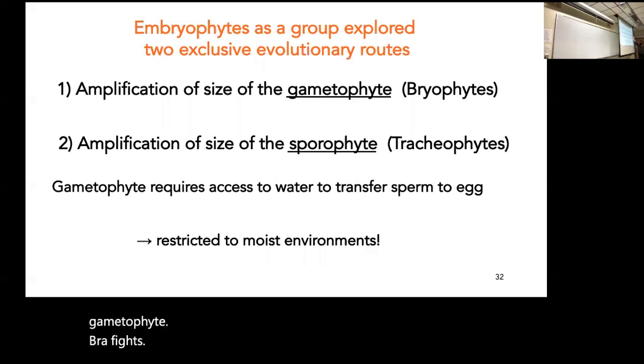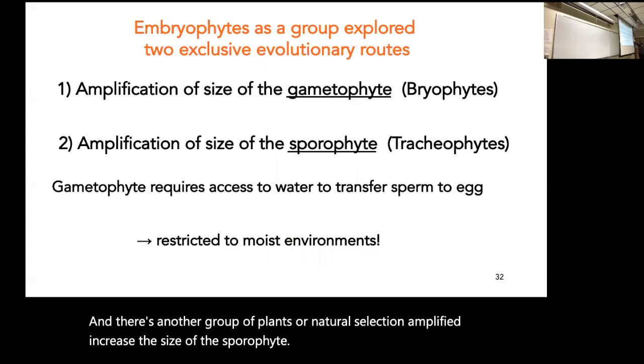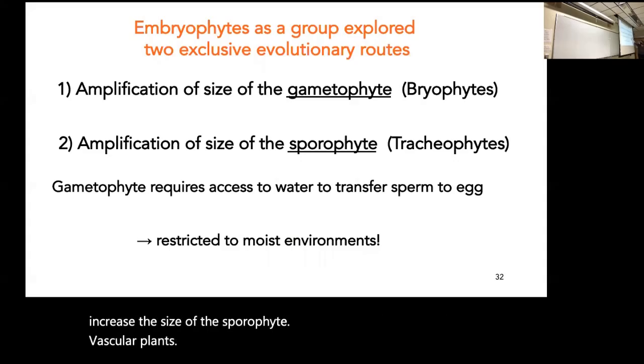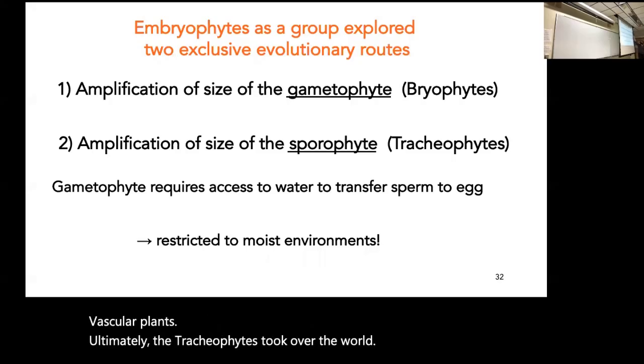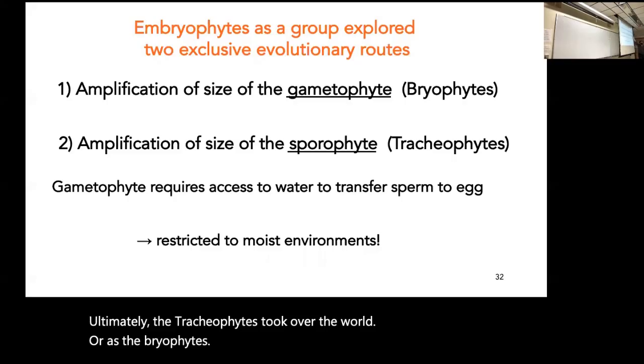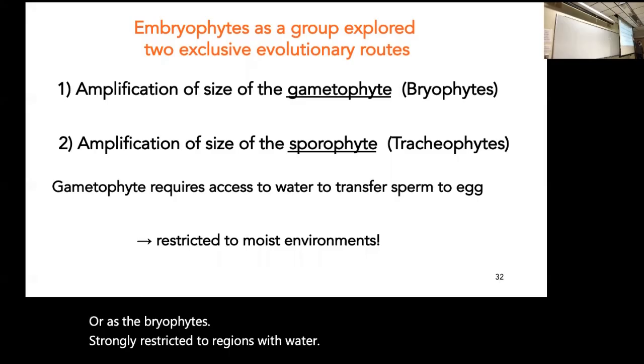Now, there was another group of plants where natural selection increased the size of its sporophyte, the tracheophytes, the vascular plants. Ultimately, tracheophytes took over the world, whereas the bryophytes are strongly restricted to regions with water, because sperm swim. But within the tracheophytes, you see additional selection, mainly having to do with life in drier and drier environments.